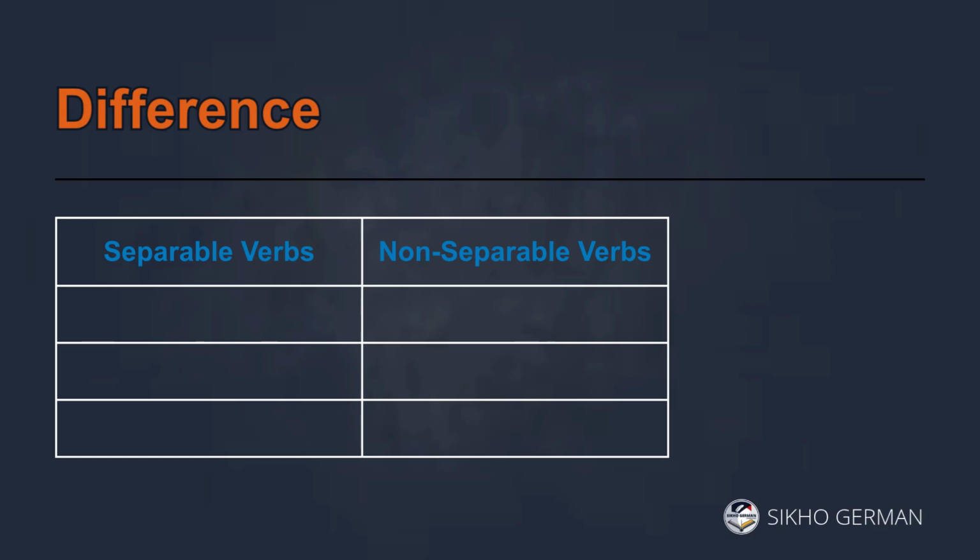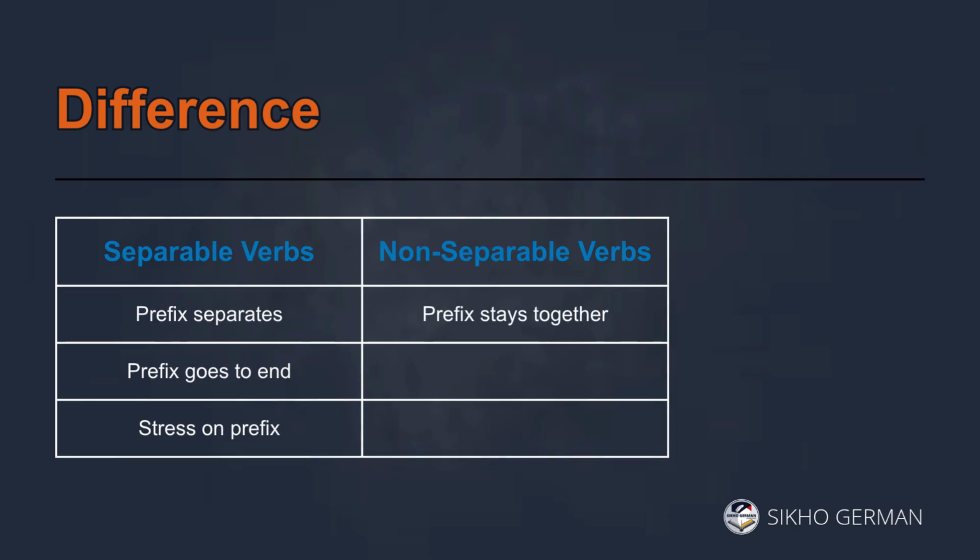Let's summarize the differences side by side. Separable verbs, the prefix separates, it goes to the end of the sentence, and when you speak, you put the stress on the prefix, like aufstehen. Non-separable verbs, the prefix stays together. There is no movement, and when you speak, the stress is on the main verb, like verstehen.